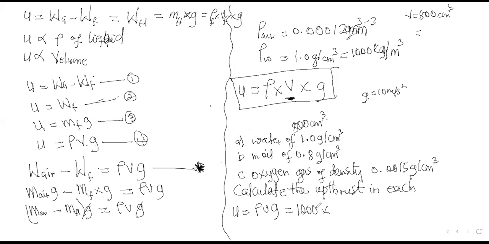Now, since I'm using SI units of this in kilogram per meter cube, I must also change the volume to meter cube. So 800 times, I'm using the parenthesis method, centi. Centi is 10 to the power negative 2 meter, all raised to the power 3.